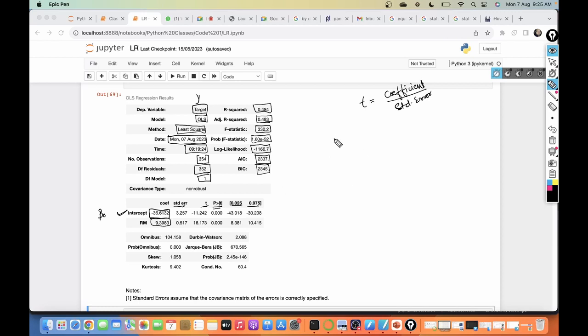So here the null hypothesis is the coefficients are non-significant.